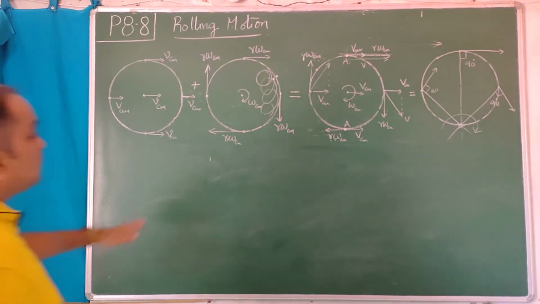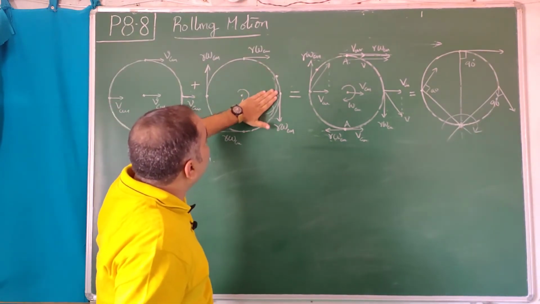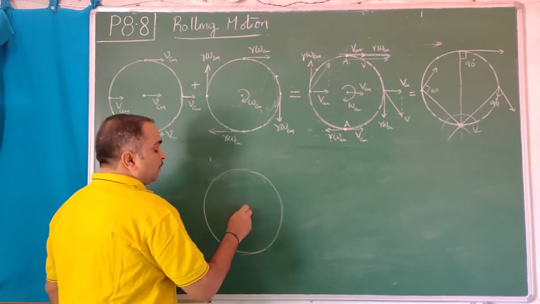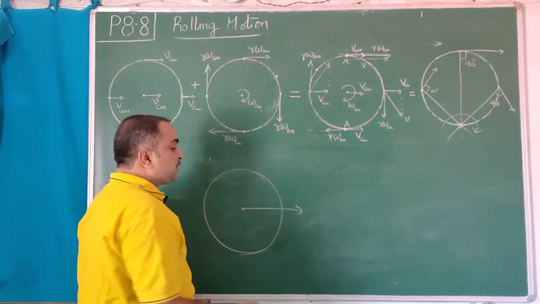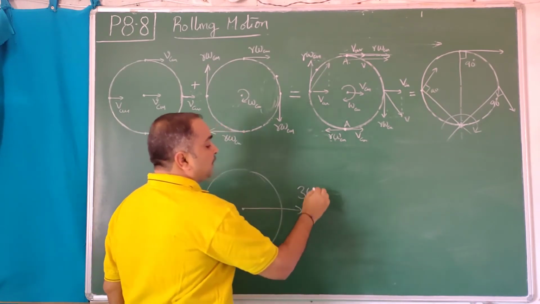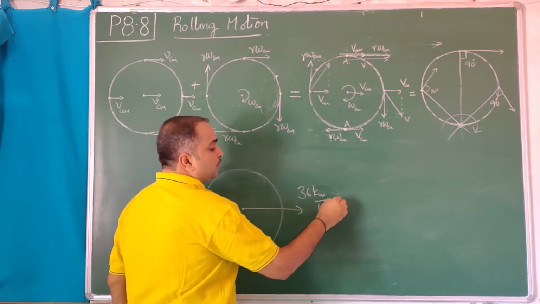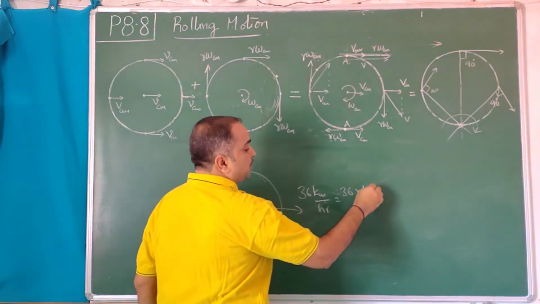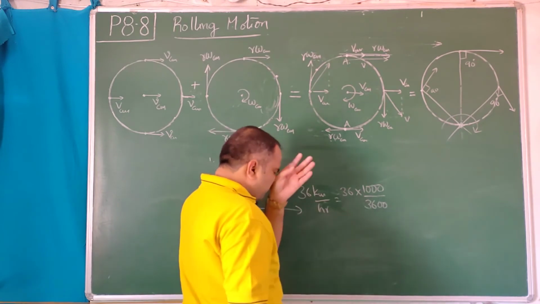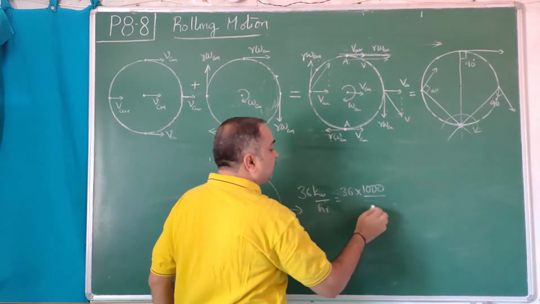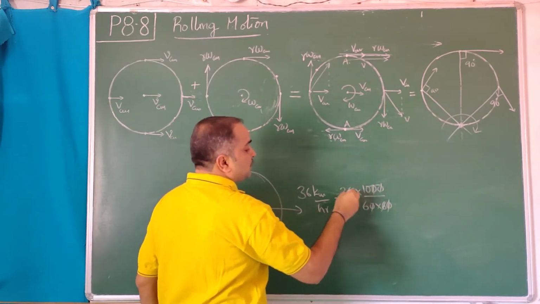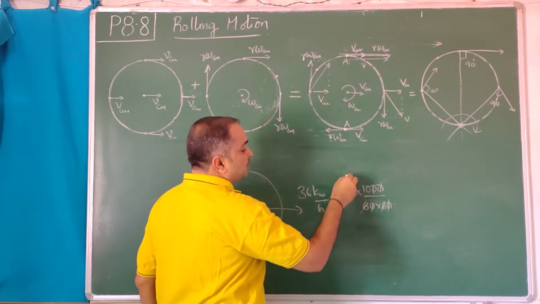Students sometimes ask the velocity of any one of the points by giving the velocity of the wheel. Say there is a wheel of a car, and the car is going at 36 kmph. So kilometer per hour: 36, kilometer is 1000, hour is 60 into 60 seconds, which is 3600.